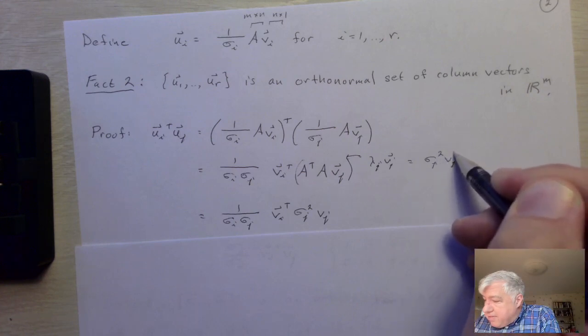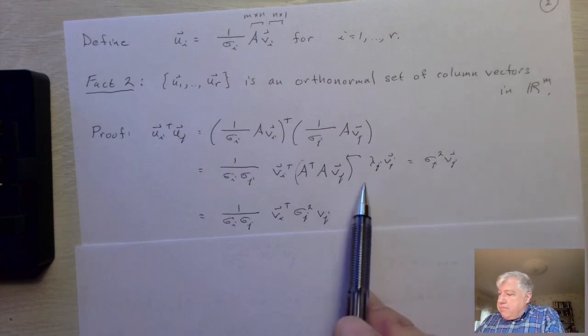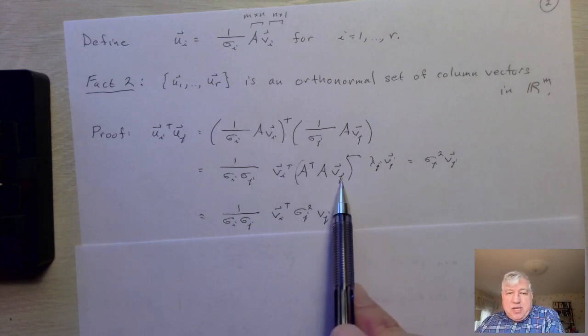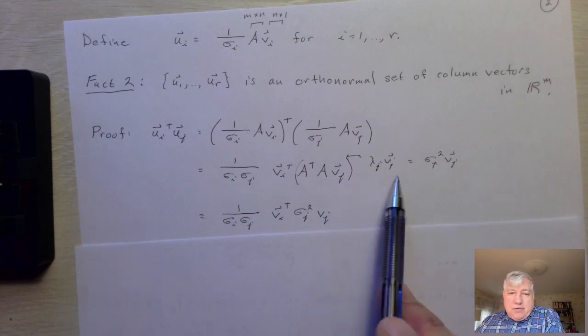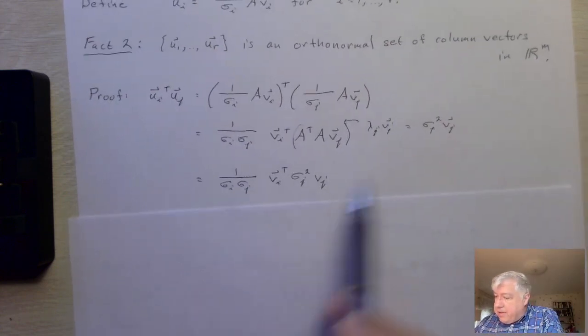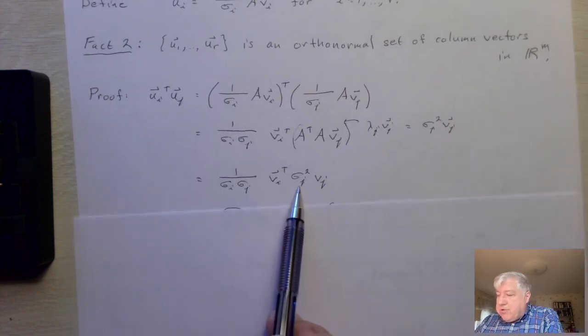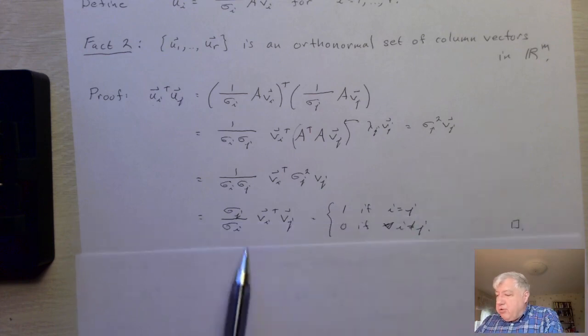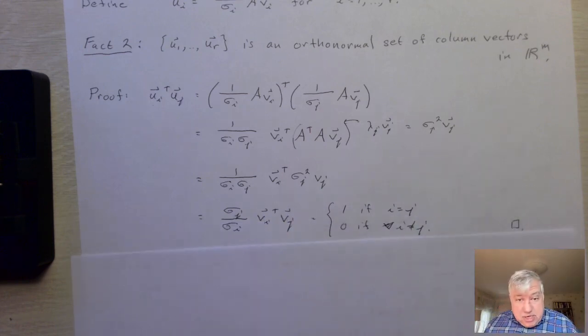So this just comes from the fact that v_j is the eigenvector and the eigenvalue is sigma j squared. So that's how we get this. And sigma j squared is just another scalar, so we can pull that out here. And one of the sigma j's cancels, because they're non-zero.